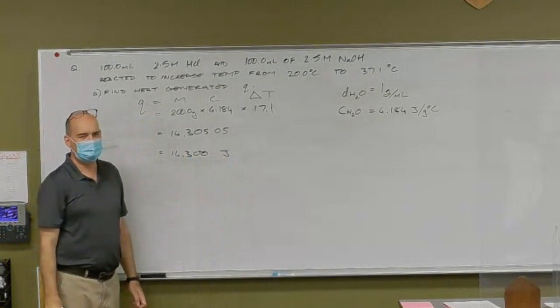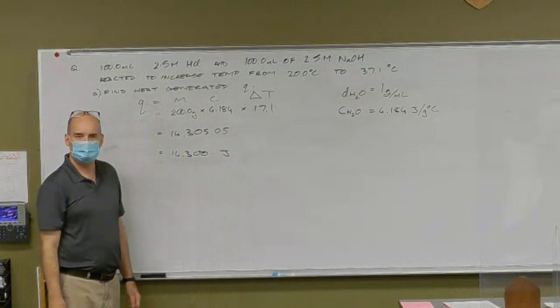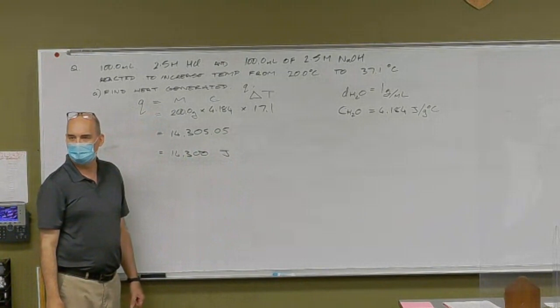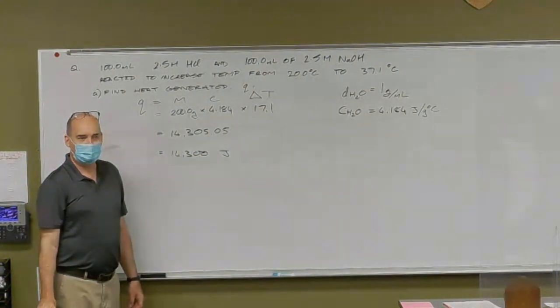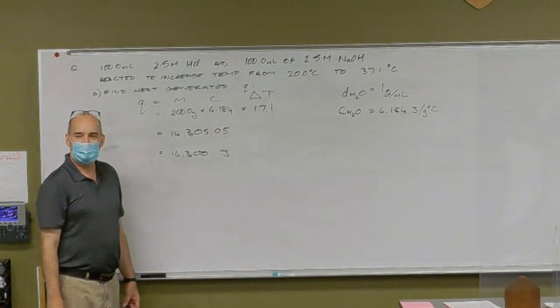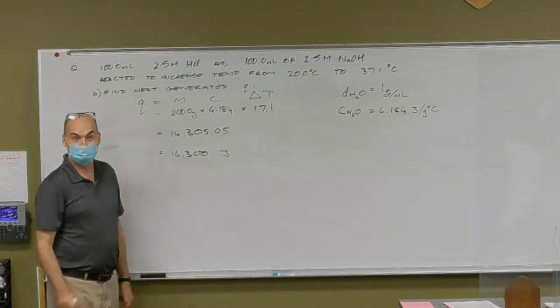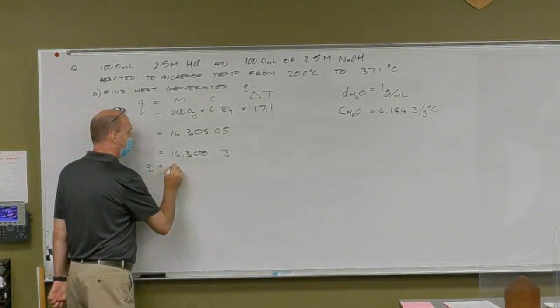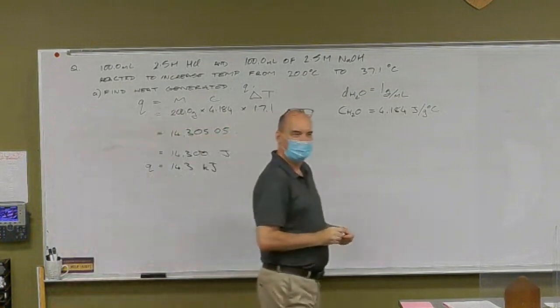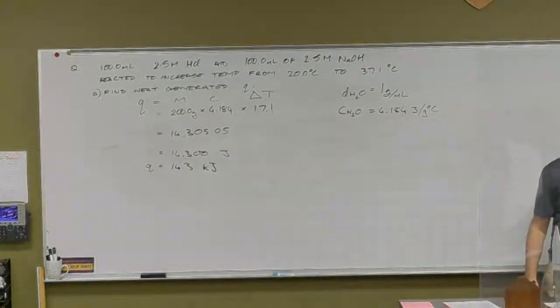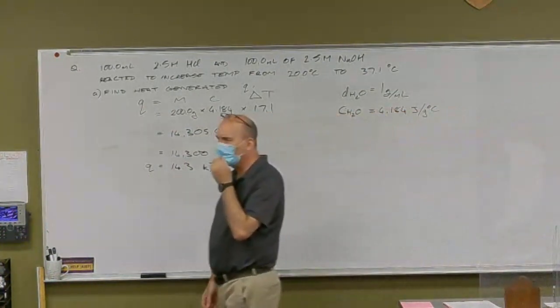Do we have another way of describing 14,000 joules? How many grams in a kilogram? 1,000. The answer is always 1,000, people. How many joules in a kilojoule? 1,000. 14 kilojoules is a sizable amount of energy.